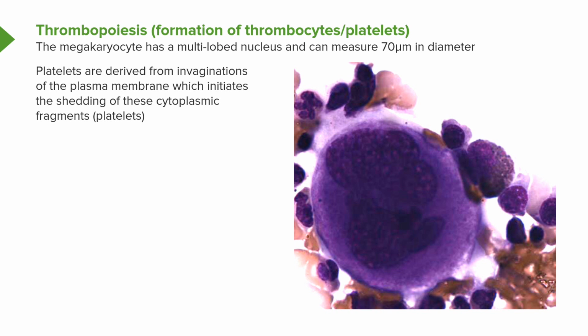But what happens is that the cell membrane around that megakaryocyte invaginates, and invaginates a number of times into the internal components of the cell. And those invaginations come together and join up, and therefore part of the cytoplasm is cleaved or broken off and released into the bone marrow and then into the blood system, the plasma, and the red blood cells within the vascular network.